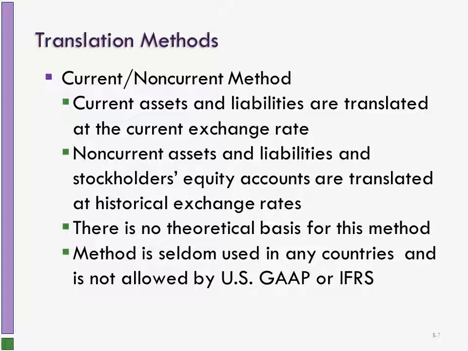However, there is no theoretical basis underlying this method, and this method is not allowed by US GAAP or IFRS and is seldom used in any country. To remedy this, researchers have developed a new method, which is the monetary non-monetary method.